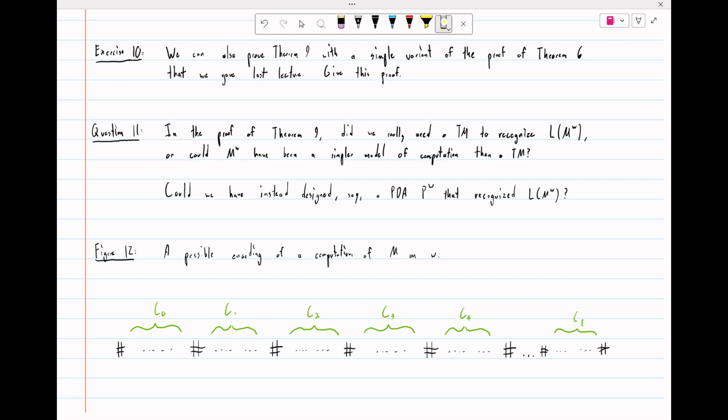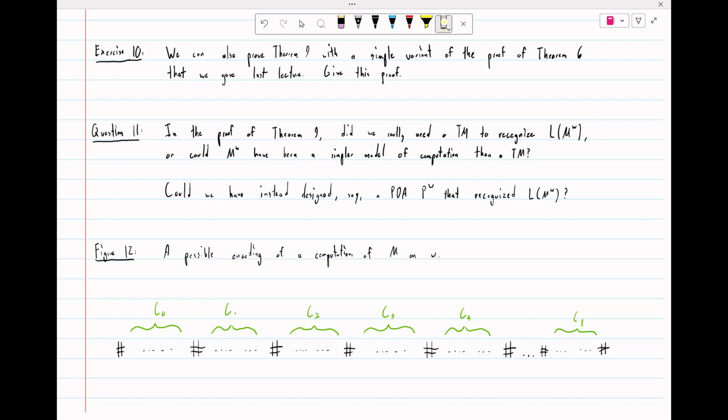But my PDA can't really do that, because once it accepts or rejects on any branch of computation, that branch is done. But it's okay, because PDAs are allowed to be non-deterministic. Aha, maybe we can leverage this.